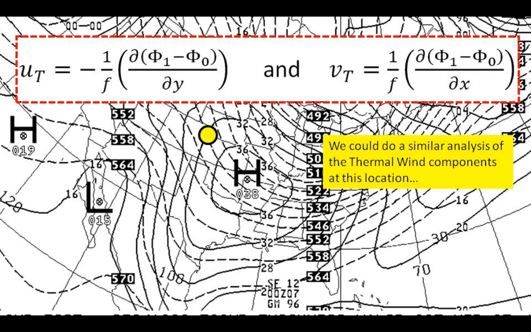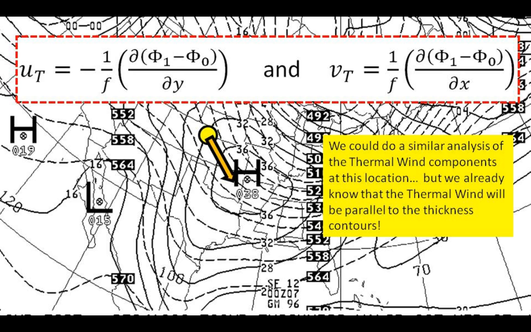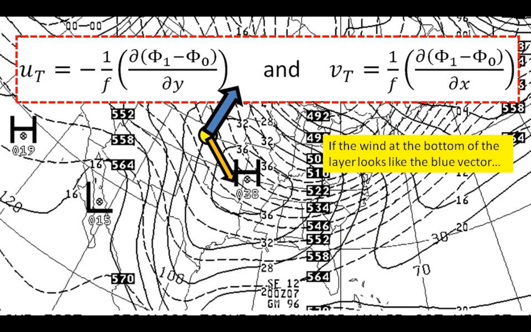We could do a similar analysis for the thermal wind at that location up there in Kansas. We don't need to work through all the signs and everything. We know that the thermal wind will be parallel to the contours of thickness. And we know that the wind at the surface is basically parallel to those isobars, if we're assuming that's the geostrophic wind anyway.